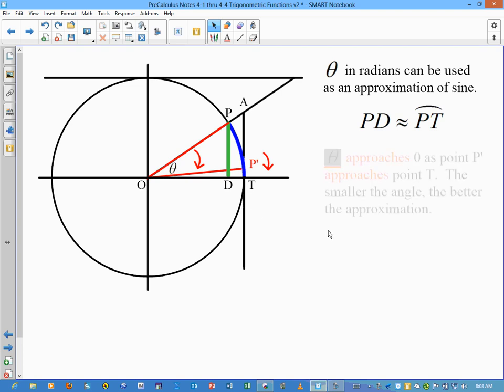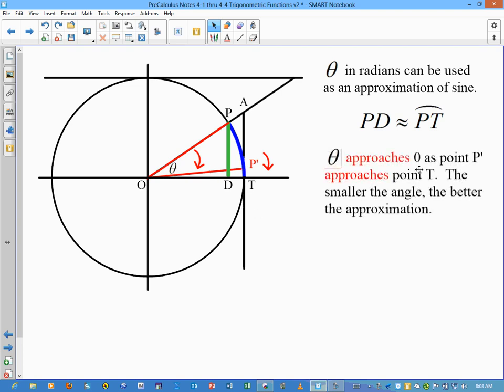And the idea here is that as theta approaches 0, point P prime is going to approach point T. So the smaller the angle, the better the approximation, because you can see this straight line and this curved arc. As they get smaller, these two get closer and closer to being the same length.